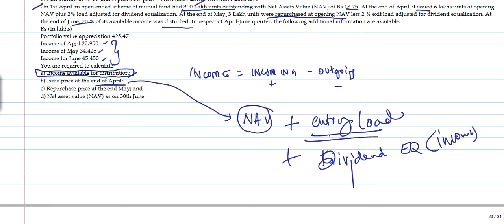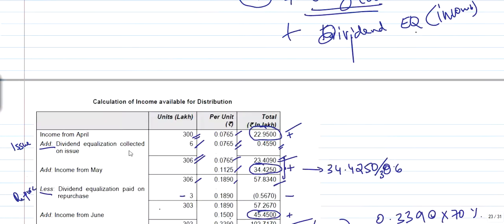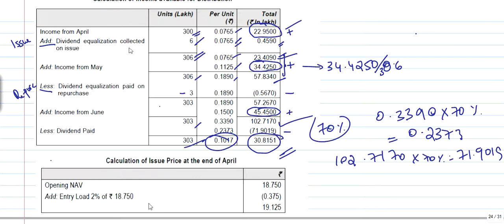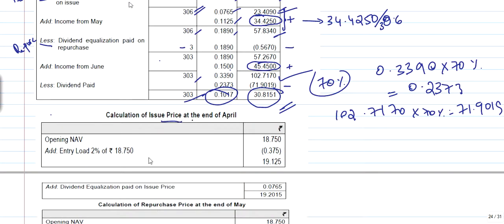So NAV we have is 18.75. We have to collect 2% on that. Then dividend equalization, whatever income we received on the 6 lakh, that has to be added. So in the calculation of issue price at the end of April, opening NAV is there, then entry load of 2% is added, that will come to 0.375, you will get 19.125.